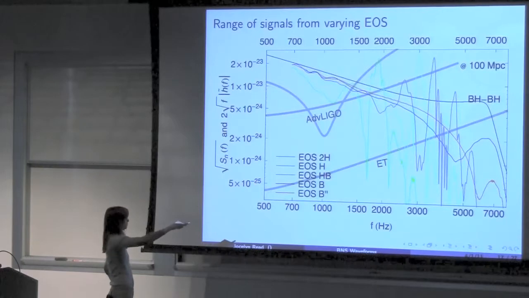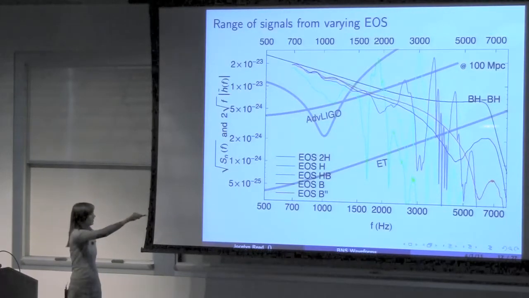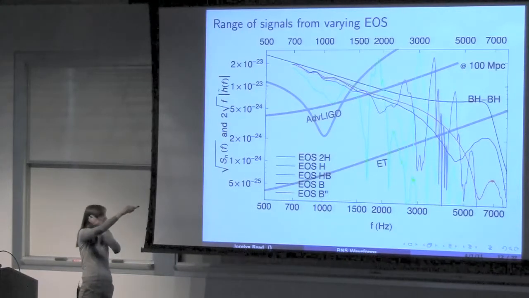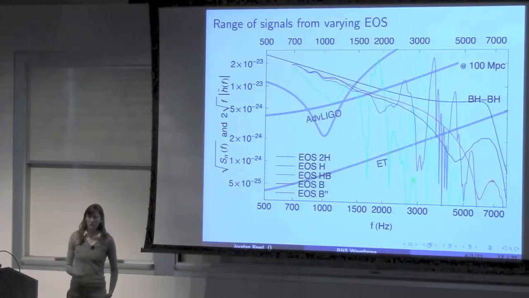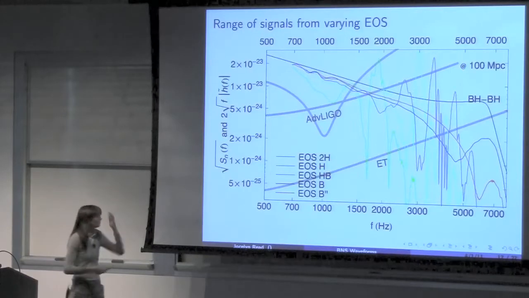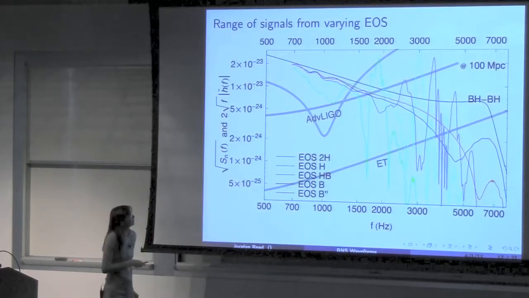The Einstein Telescope is down here, and you can imagine this continuing up over to there, doing the same. I've just focused in on the area where we actually have information from the numerical simulations, which in this particular example is starting at around 700 hertz.